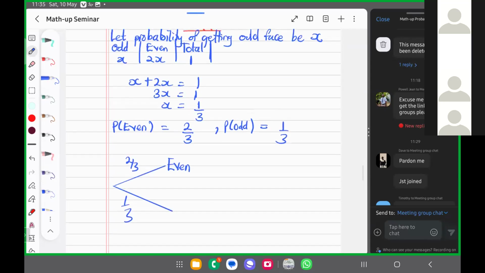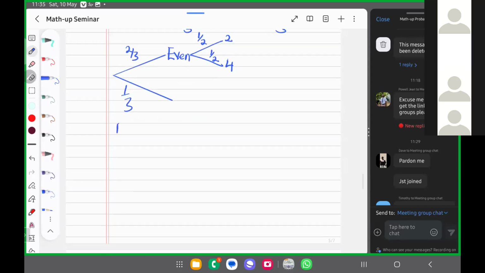So for me to get a 2, the chances are 1 out of 2. And for me to get a 4, the chances are 1 out of 2 still. So it means that the probability of me having a 4 would be equal to 2/3 times 1 out of 2. Therefore, probability of having a 4 is equal to 1/3.